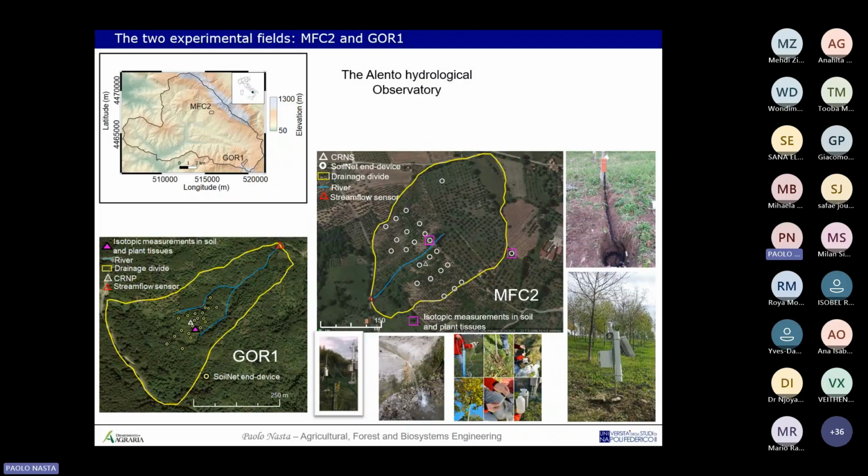Over 20 positions, we installed sensors at 15 centimeter and 30 centimeter soil depth to measure the matrix potential and the soil water content. Actually, we monitor the soil temperature, electrical conductivity, and permittivity.